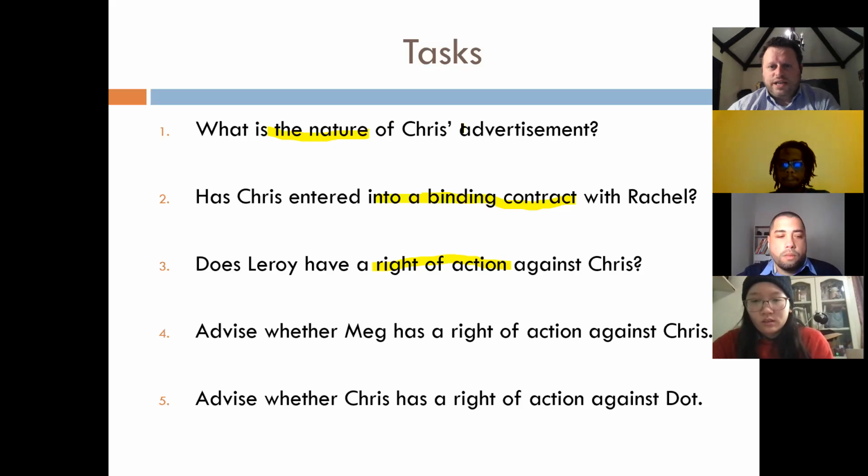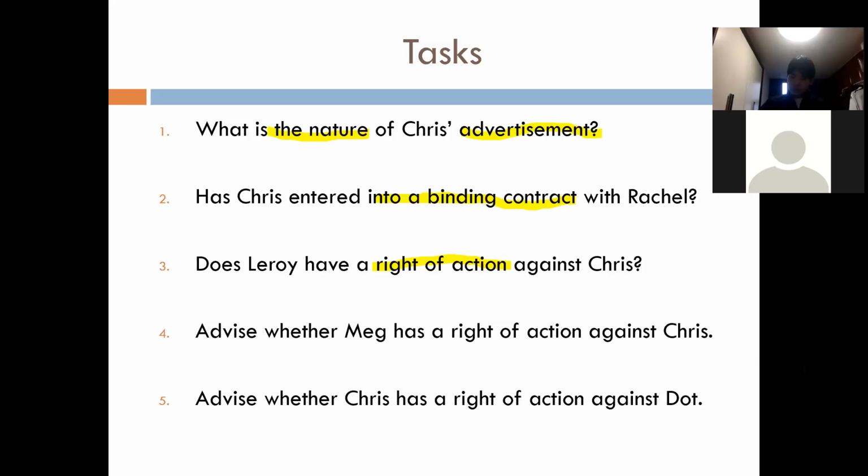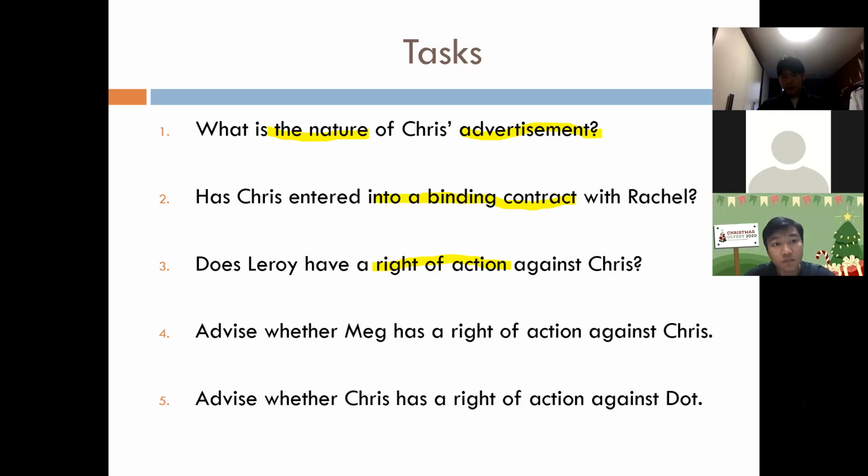So the nature of Chris's advertisement, that means, is the advertisement an offer? Or if it's not an offer, what could it be? What could it be if it's not an offer, Junpyo?